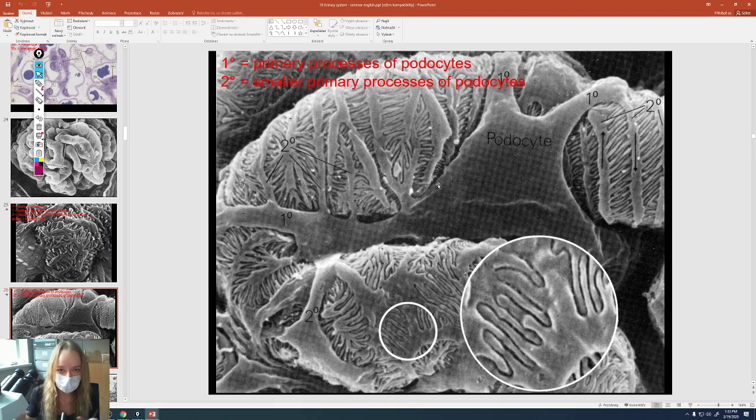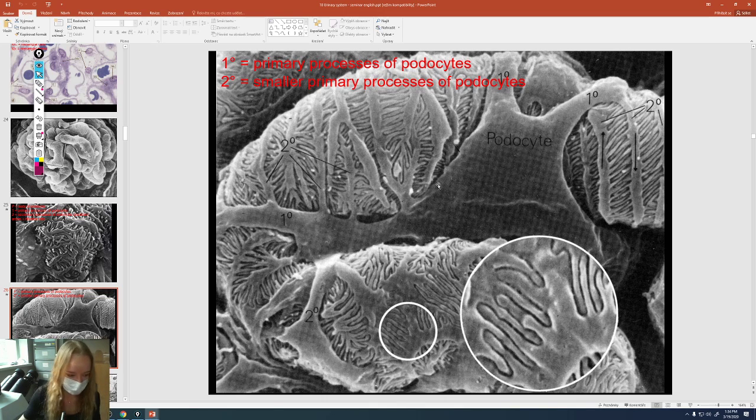There is not just one podocyte sitting on the capillary itself, but there are many of them. And the secondary processes of the podocytes are not connected, but they are just like this. This is one podocyte, and this is the second podocyte.